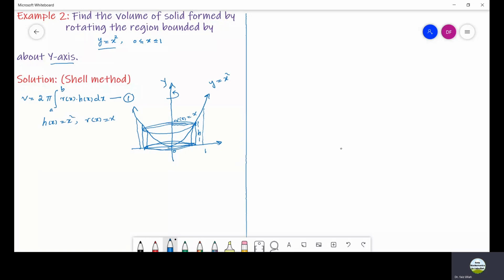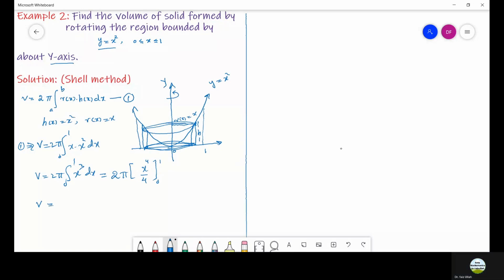So putting values in formula number 1, we have V = 2π ∫ from 0 to 1 of x · x² dx. If we simplify this, we have ∫ from 0 to 1 of x³ dx. Integrating, we obtain x⁴ divided by 4, and the limits are from 0 to 1.